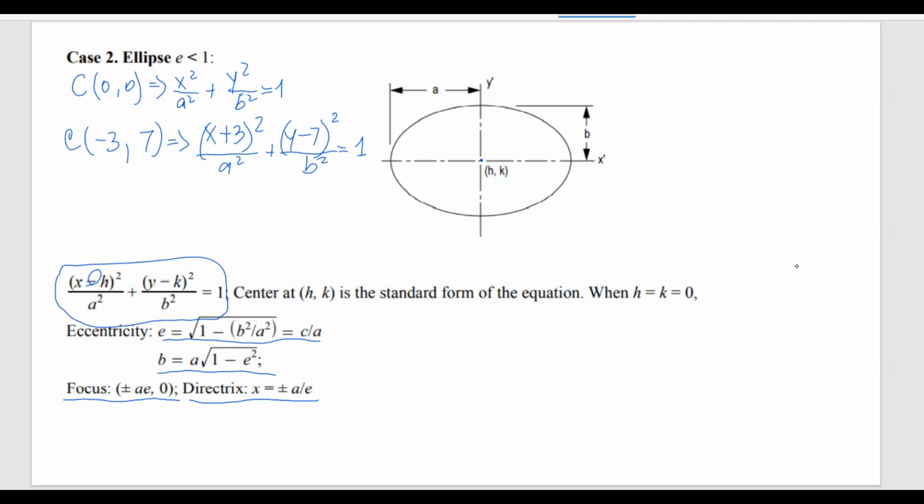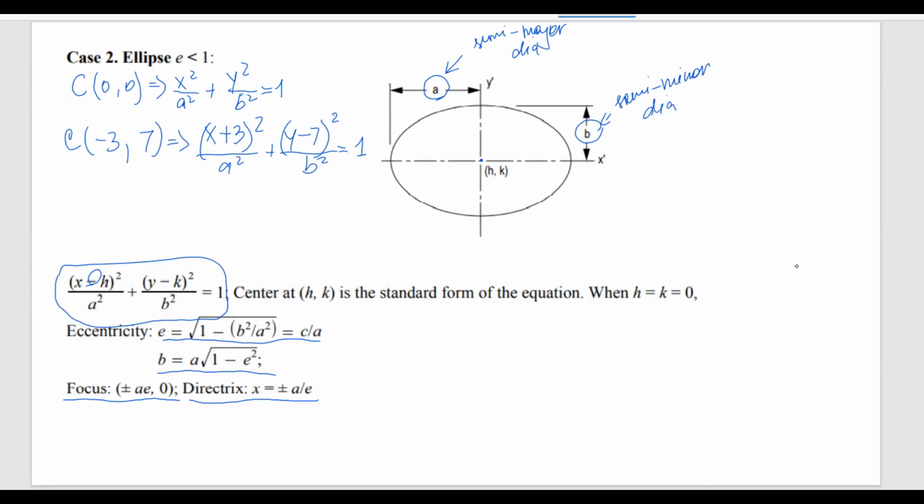Another thing I want to point out is, this is the A, and this is the B we're using in the formulas, and A is also called the semi-major diameter, and B is also called the semi-minor diameter.